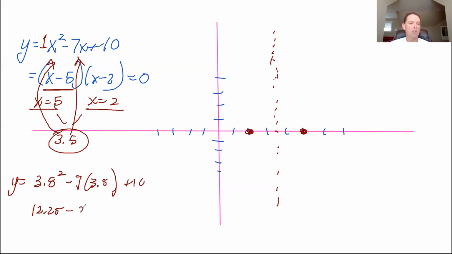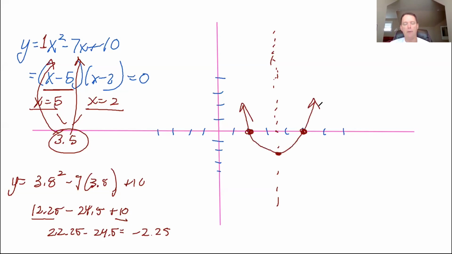This is minus 24.5 plus 10. So I'm adding these two together, 22.25 minus 24.5 equals minus 2.25. So my vertex is going to be right about that. And now I just sketch the graph from there.